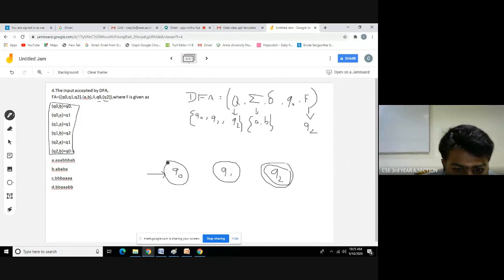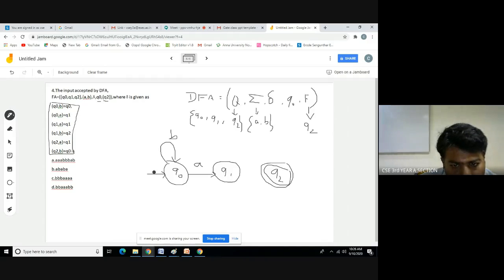Q0, so you put a self loop labeled B. From Q0, I read the input symbol A, where does it go? It reaches the Q1 state.